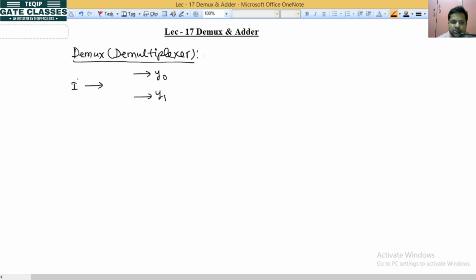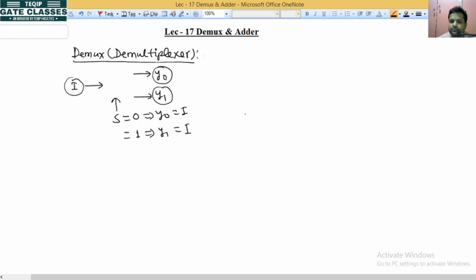Then this input data is distributed either on y0 or on y1. In which output this I goes depends on the selection line here. If the selection line is 0, then y0 will be I. If the selection line value is 1, then y1 will be I.